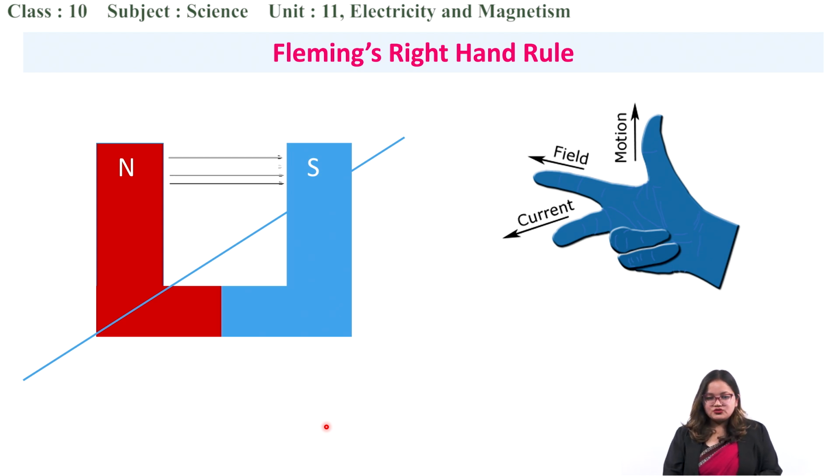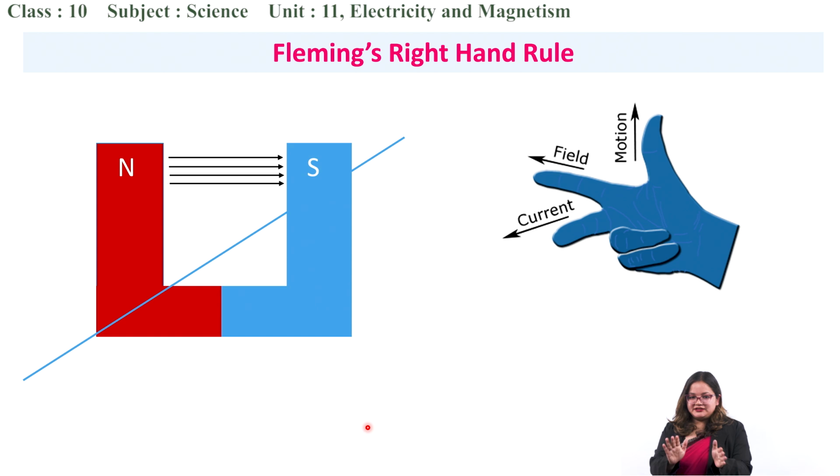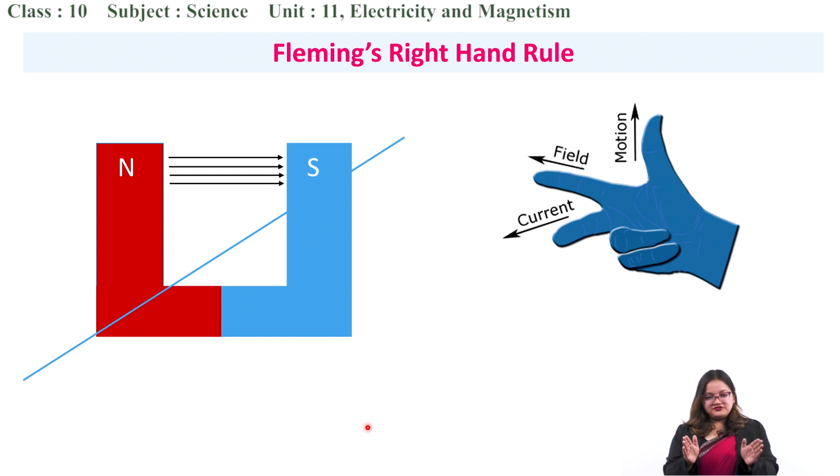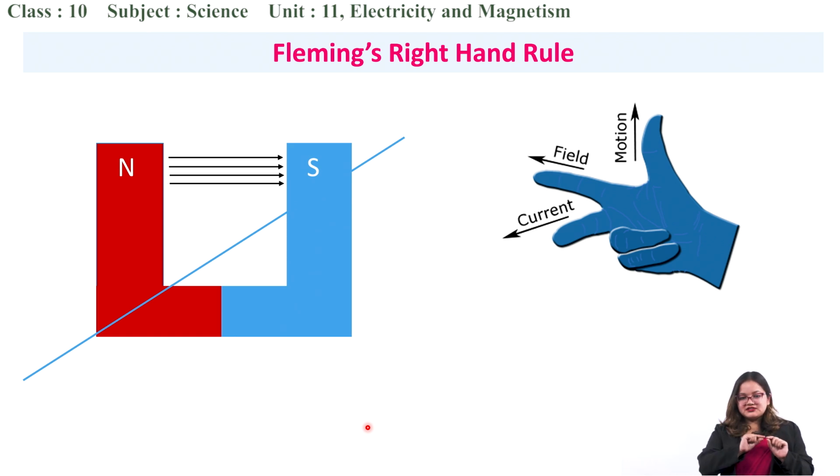From this, you should know the magnetic field lines, which we studied earlier and revised as well. The magnetic field lines always go from the north to the south pole. So now we have the direction of the magnetic field lines, and a conductor passing between the magnet. Now we will suppose that this conductor is being moved in the upward direction.